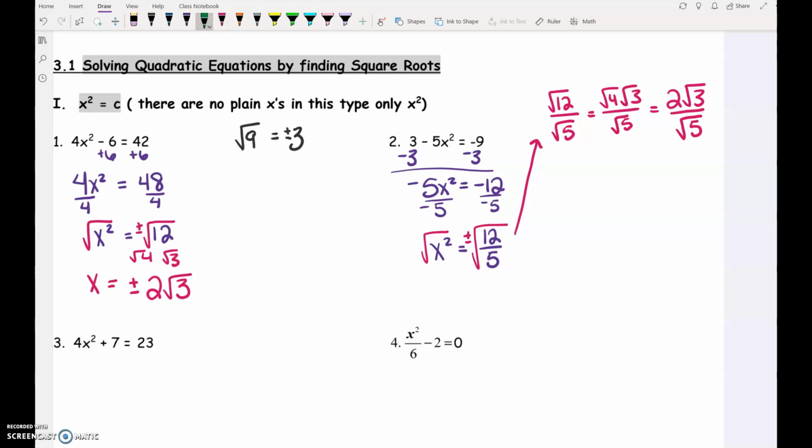No. We need to multiply by the square root of 5 over the square root of 5. On the top, we will have 2 times the square root of 15. On the bottom, the square root of 5 times the square root of 5 is the square root of 25, which is 5. So our final answer is x equals plus or minus 2 times the square root of 15 over 5.